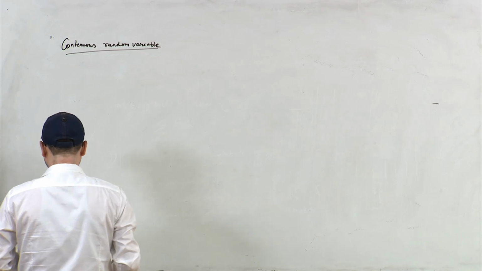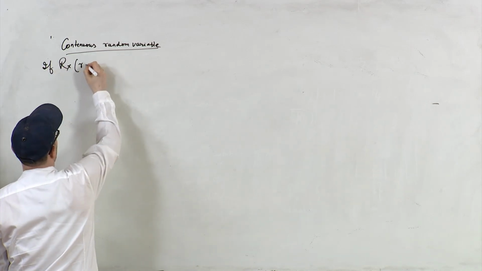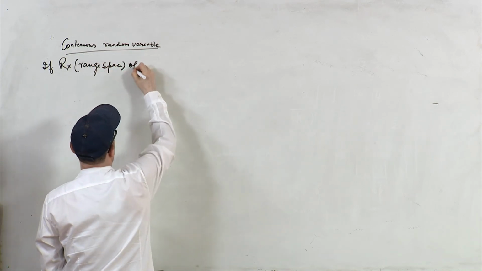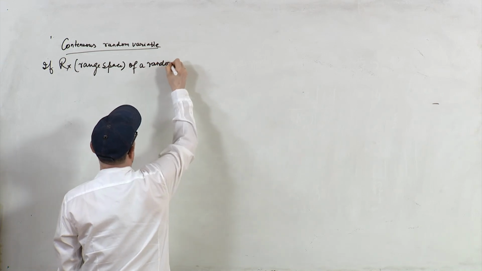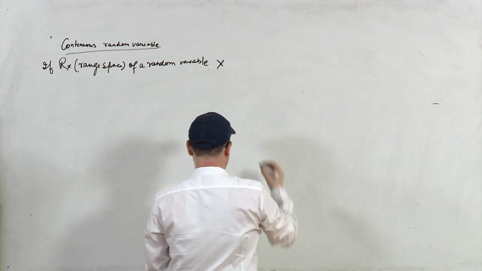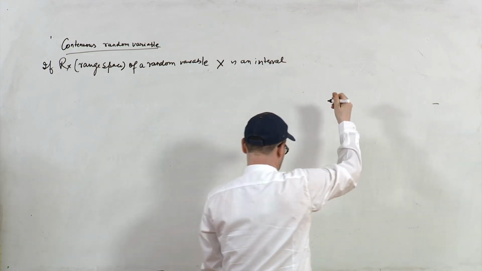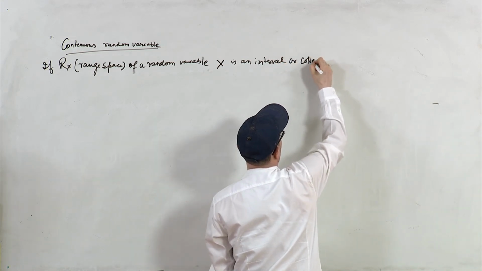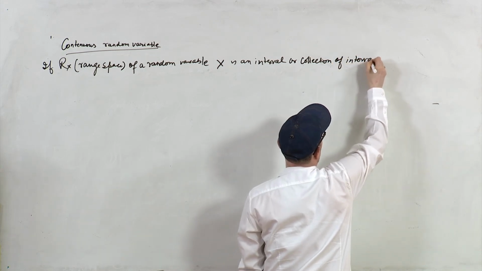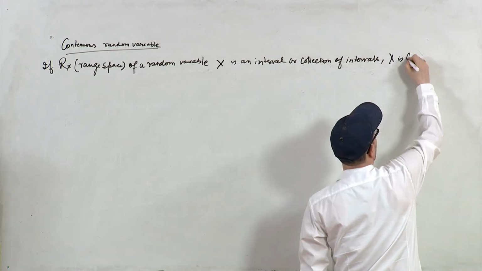So, if Rx, that is the range space of a random variable x, is an interval or a collection of intervals, then x is a continuous random variable.